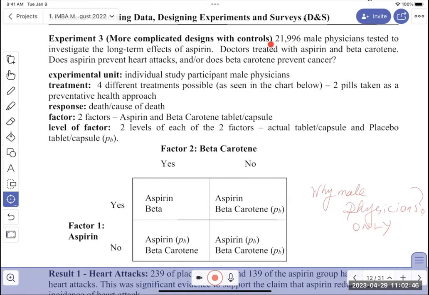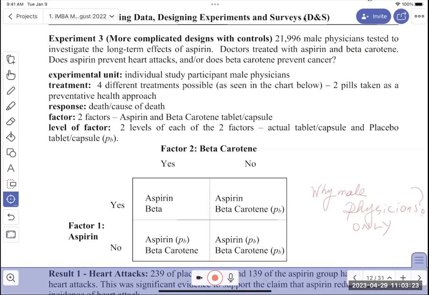And that was because, in the age group that they were looking at, because they had to be working physicians, you want to observe a heart attack, but you're not going to observe a heart attack as easily as you'd like, right? So you have to have enough participants so you can observe enough heart attacks to begin with, and then to observe a difference in the number of heart attacks.